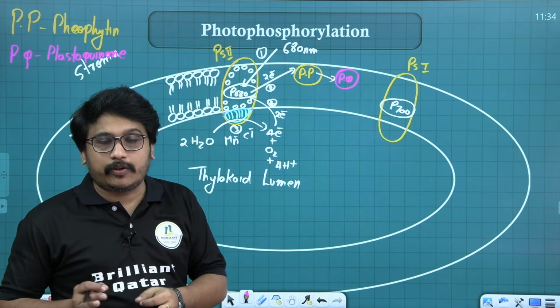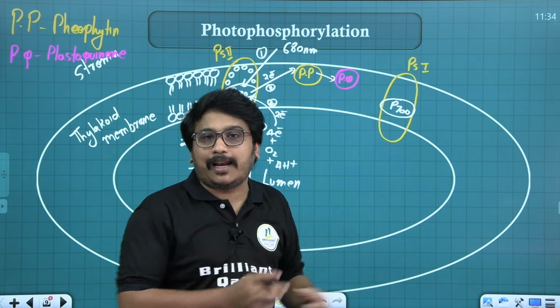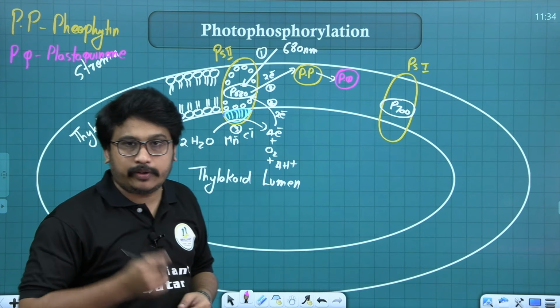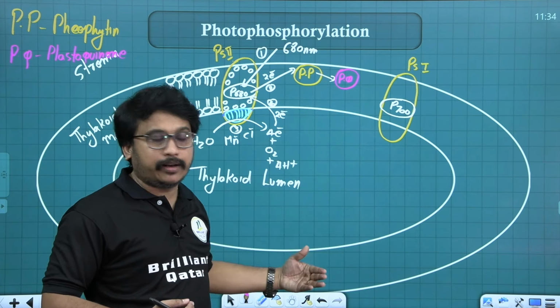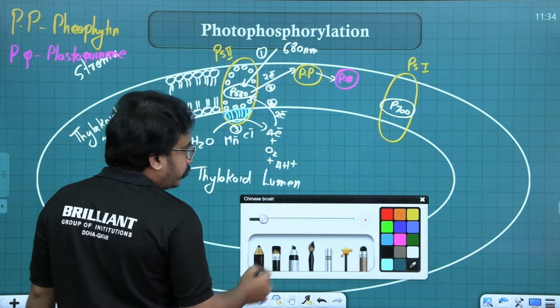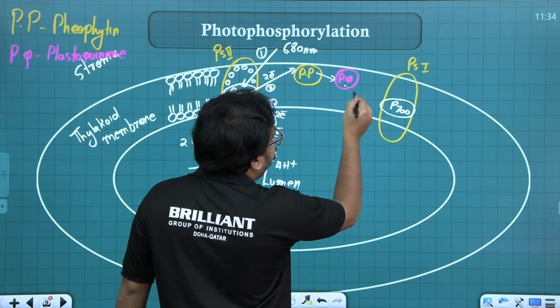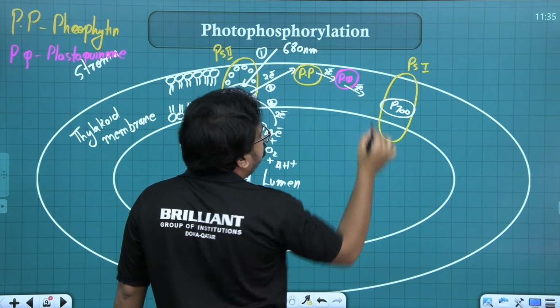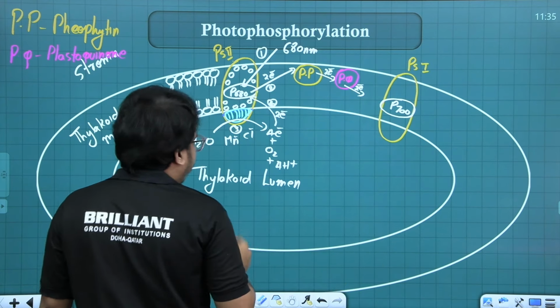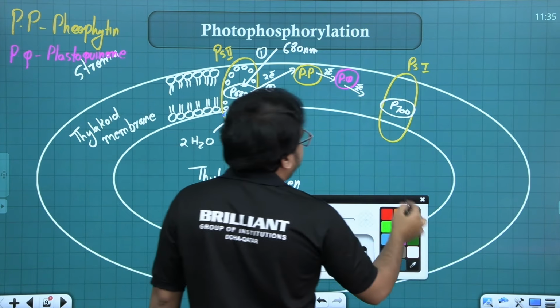Plastoquinone not only transfers the electron; using that electron motive force, it pushes the H+ from stroma to lumen. Whenever electrons pass through plastoquinone, it takes this electron and gives it to the next electron carrier.